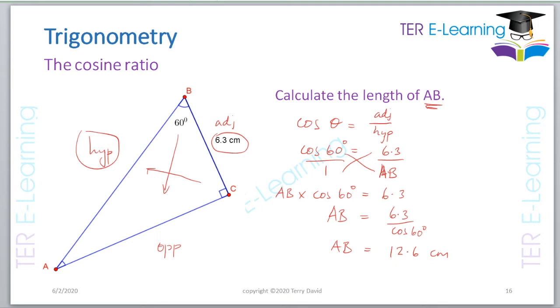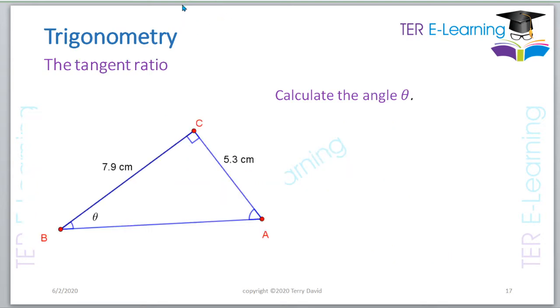We have a next one here. For this particular one, right, I want you to work out this angle for me here. Work out the angle theta for me. Yes, Josh, you have to divide.